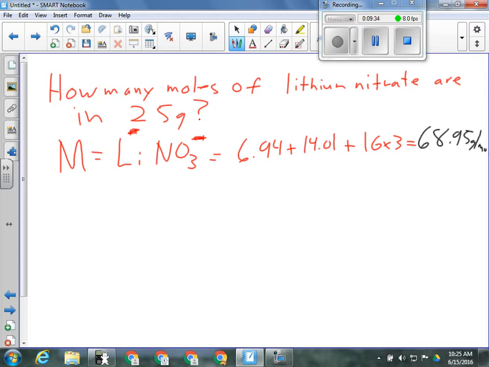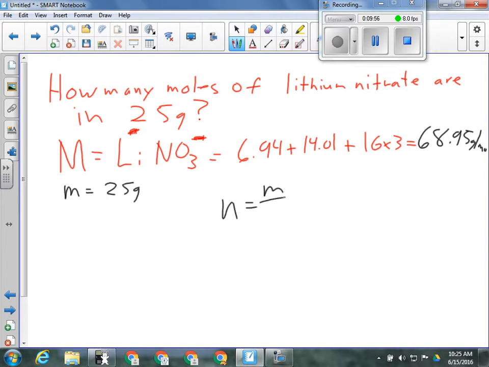Grams per mole. Okay, everybody okay with what I did there? All right, so now I have big M, and they gave me little m when they said the mass was 25 grams. Do I have more than 1 mole or less than 1 mole here? Less. I have 25 grams, and 1 mole is 68.95. So I'm going to get a decimal here. That's okay.